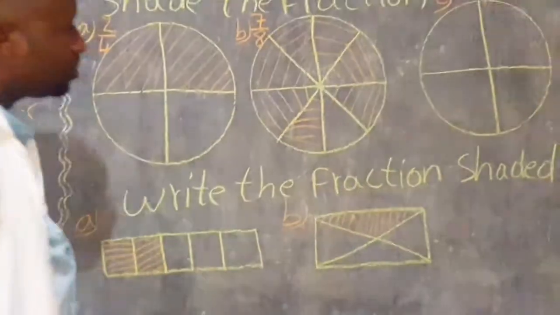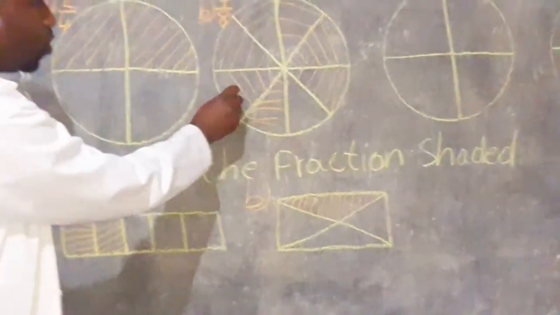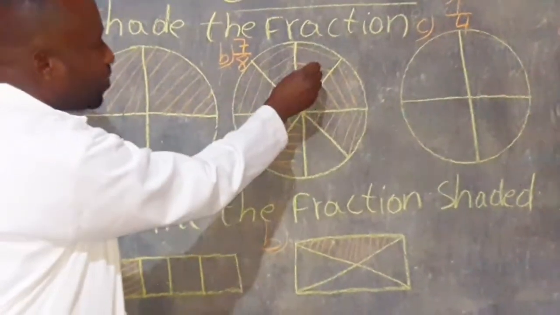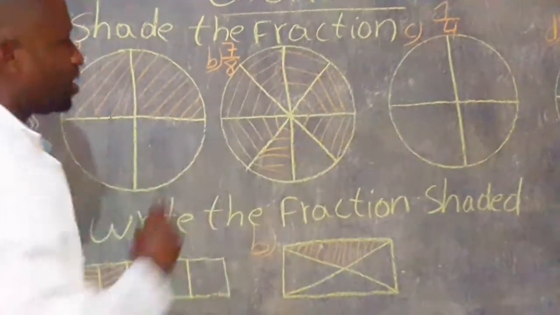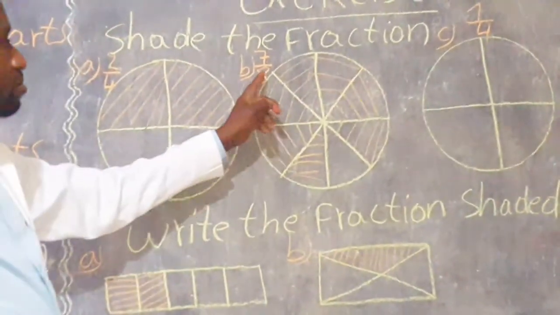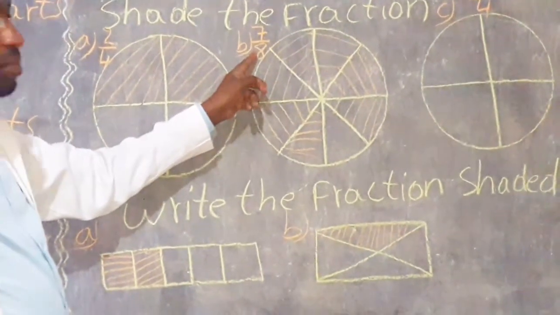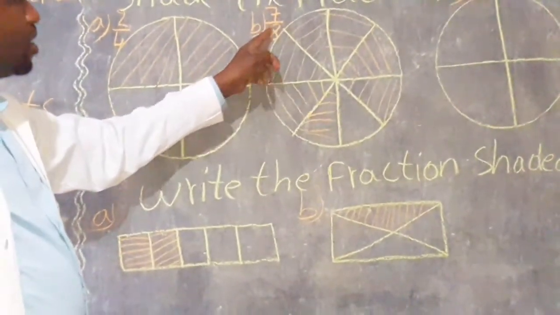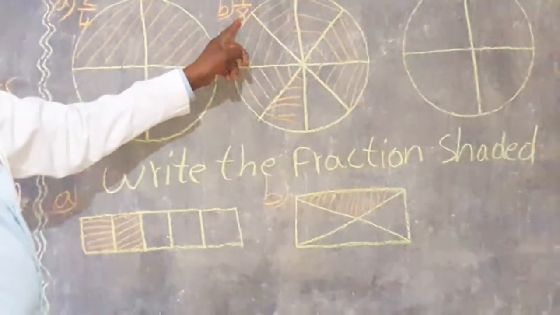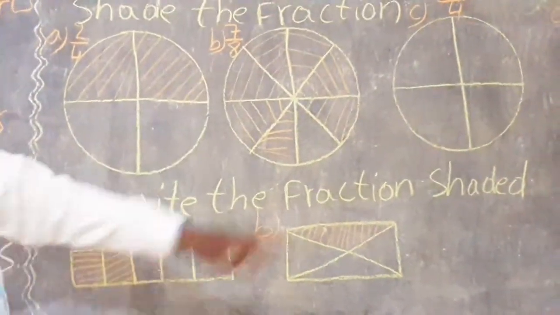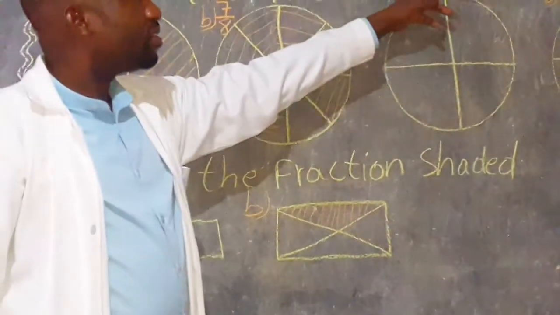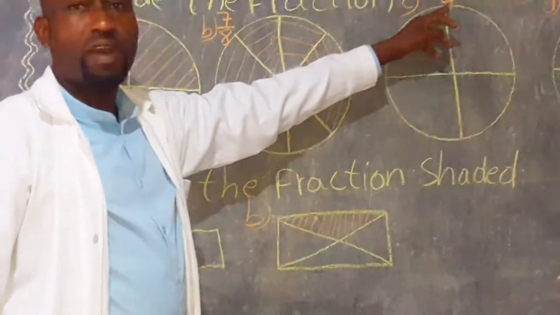Let me count. 1, 2, 3, 4, 5, 6, 7. That says shaded 7 over 8.